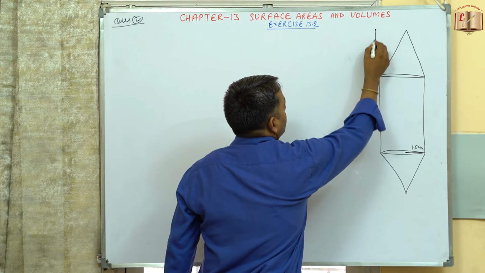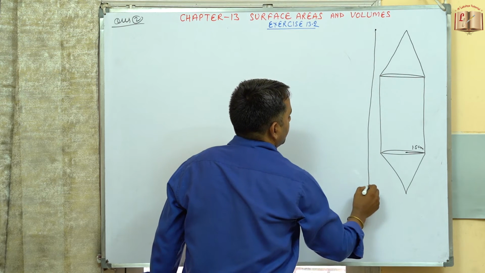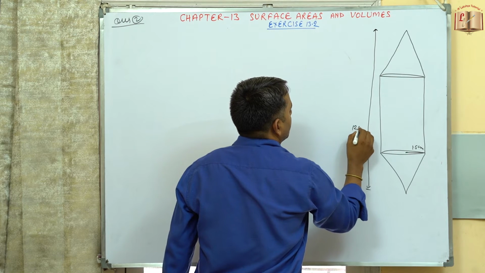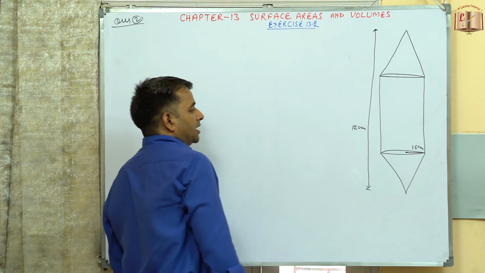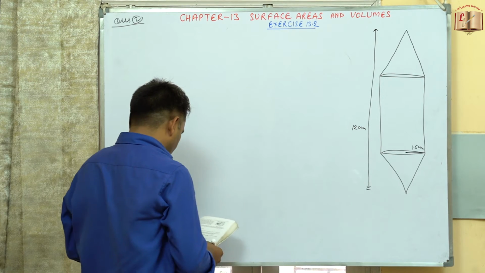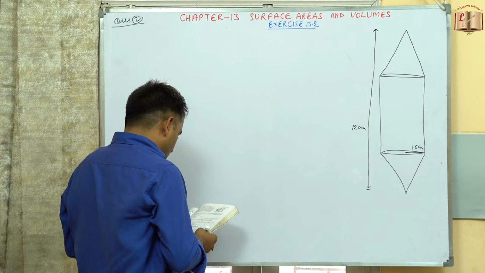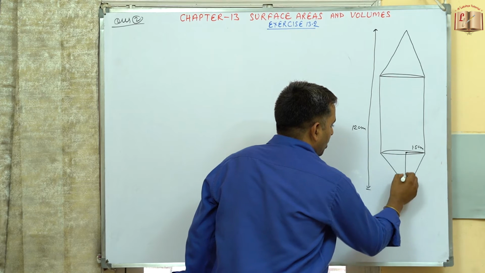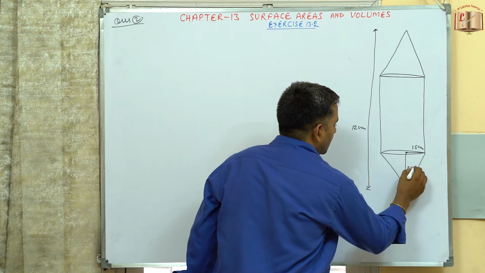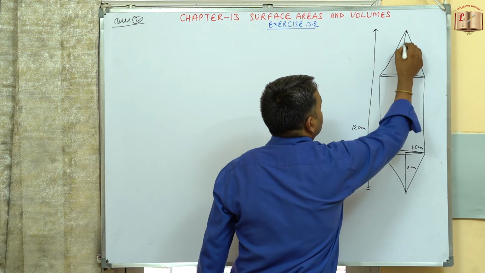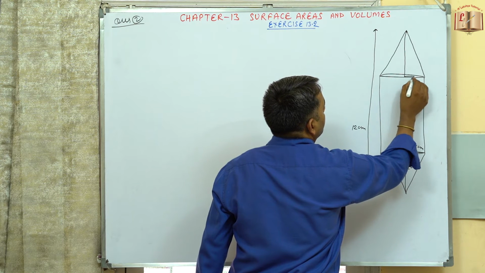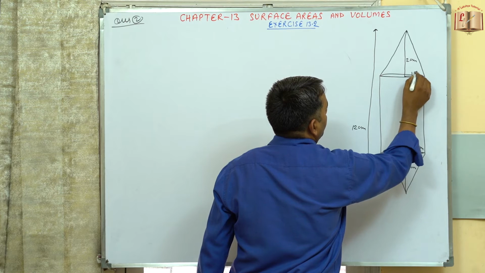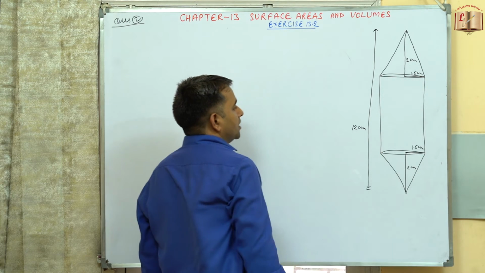So complete length is given to us. This complete length is 12 centimeter for the entire one. If each cone has a height of 2 centimeter, और कोन की हाइट दिया हुआ है 2 सेंटीमीटर and this cone is also of height 2 centimeter and this radius is 1.5 centimeter.